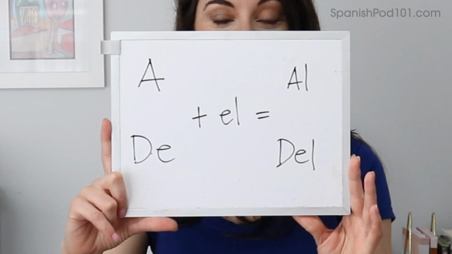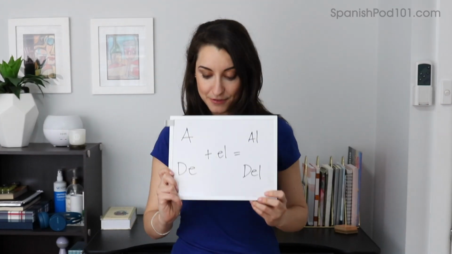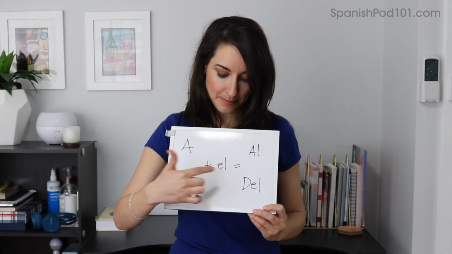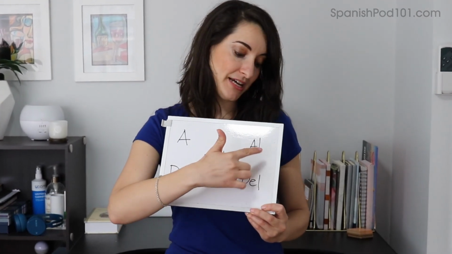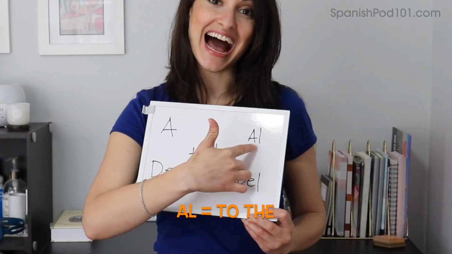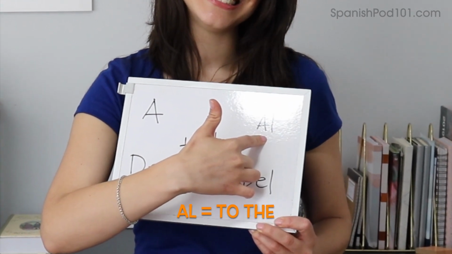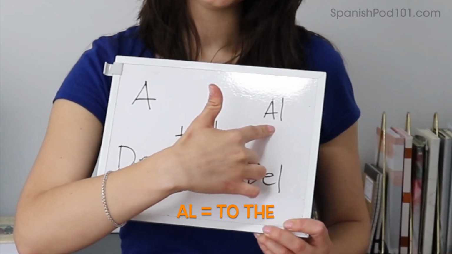I hope you can see this clearly. So basically what's going to happen is that if you have the preposition a plus el, it becomes al, okay? Please repeat. Al, al, al.